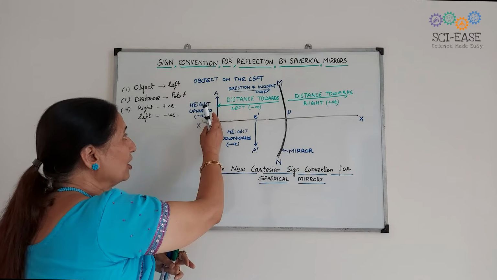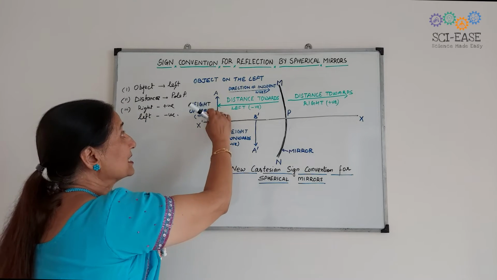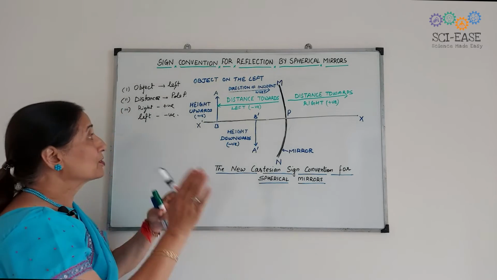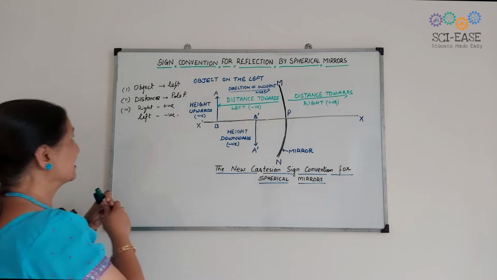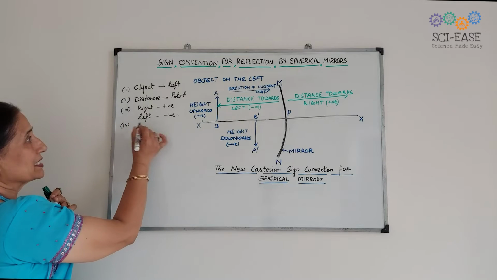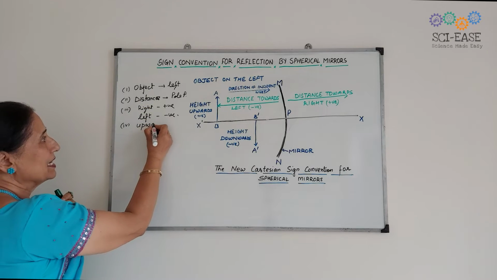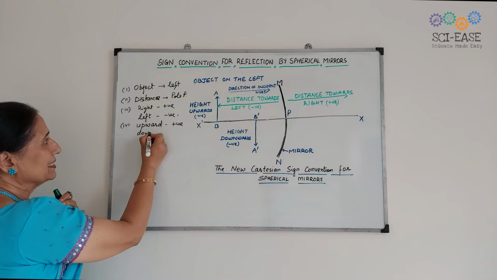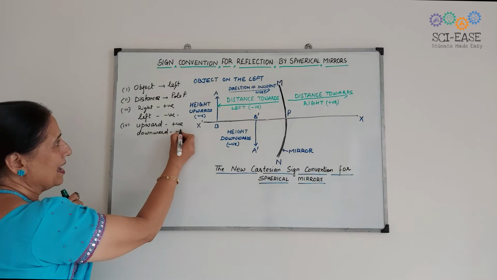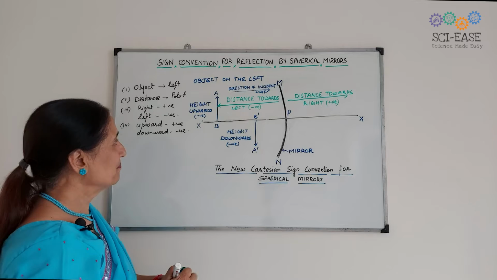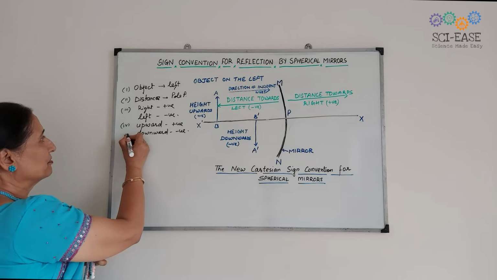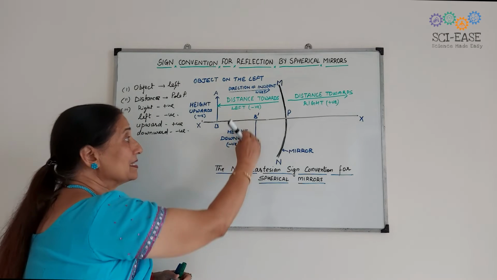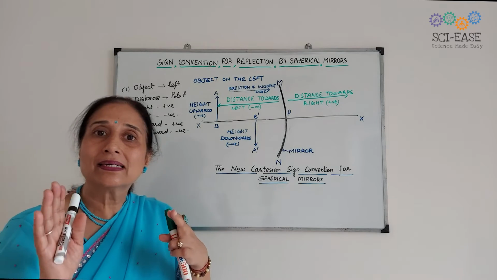This is the fourth one. And the fifth one: upward distance is measured as positive, and the distance perpendicular to the principal axis and downward is negative.